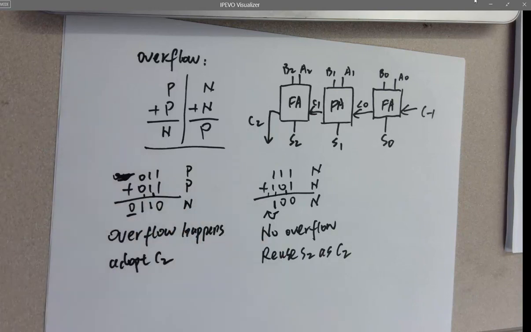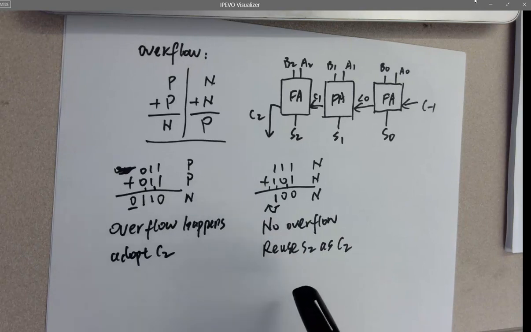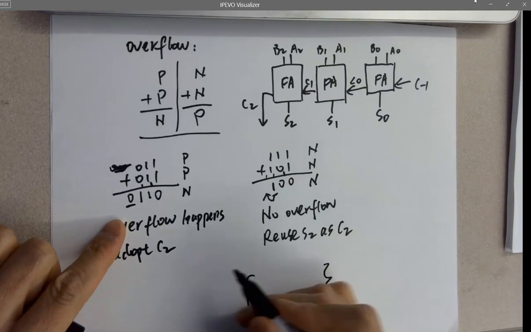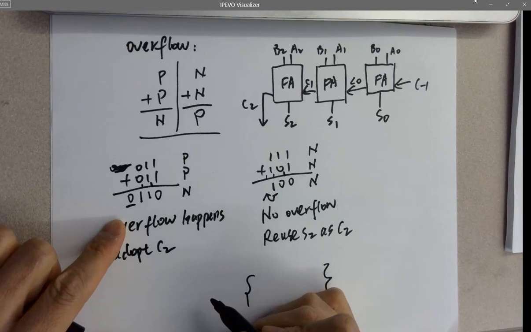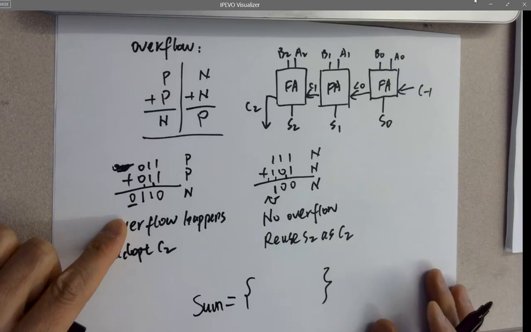So for two's complement on the FPGA level, this is very easy to do in Verilog because you can use a concatenation, right? So we can always form a 4-bit number as a result. Let's call it sum, whatever, as the final result.